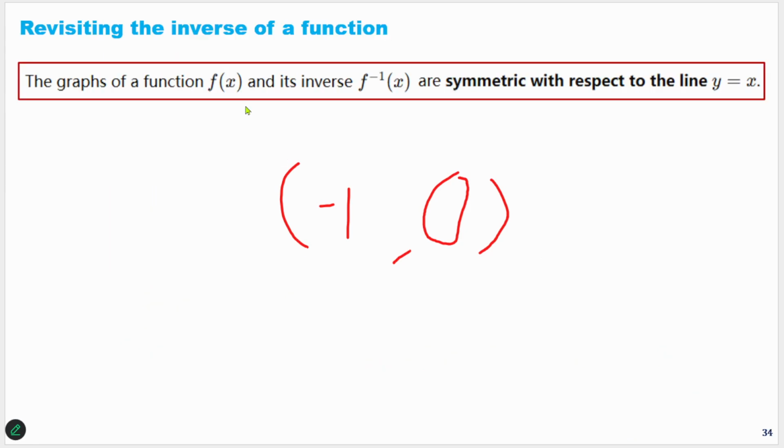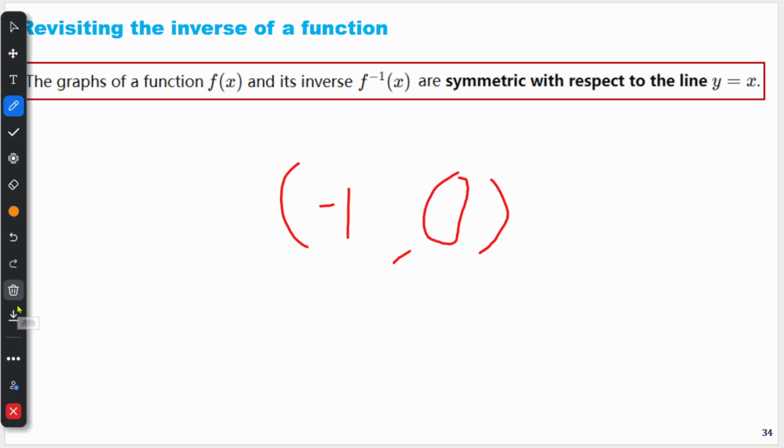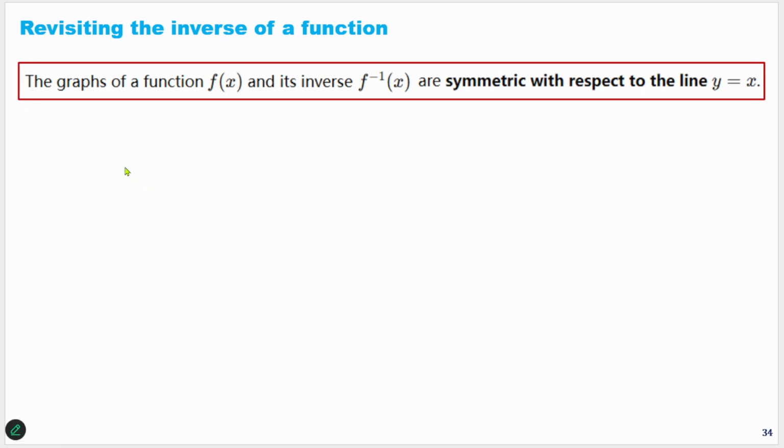Next, let's revisit the concept of the inverse of a function. Remember when we talked about the properties of the inverse of a function, one of the properties states that the graph of a function f(x) and its inverse f inverse of x are symmetric with respect to the line y equals x, right?